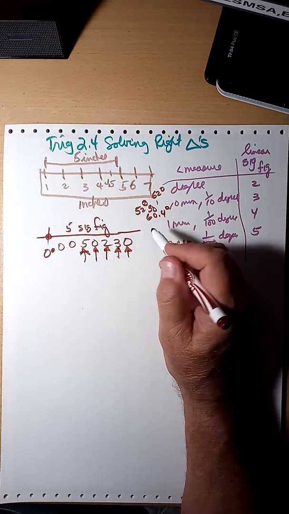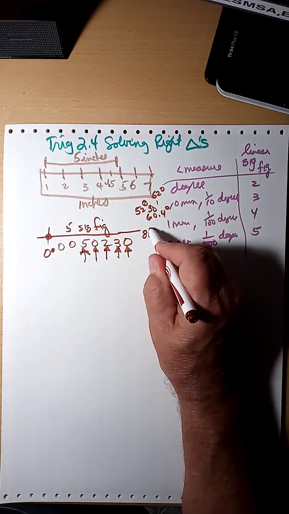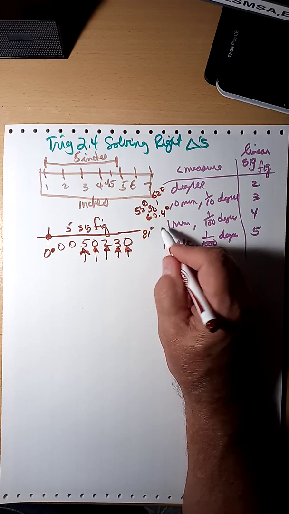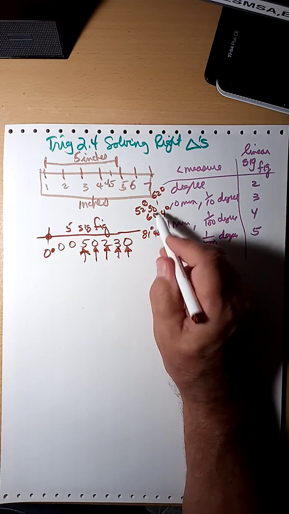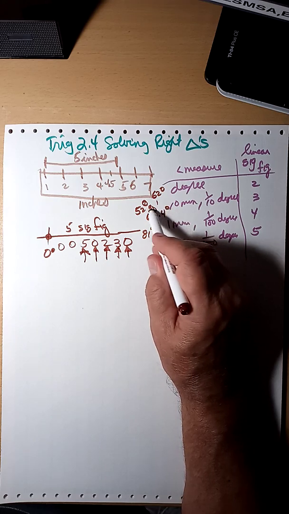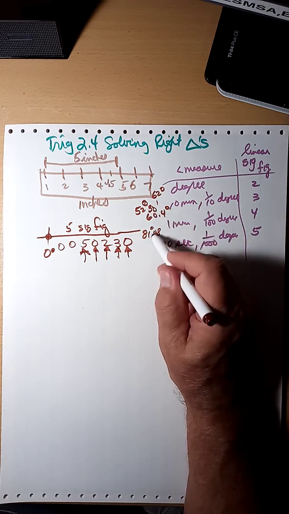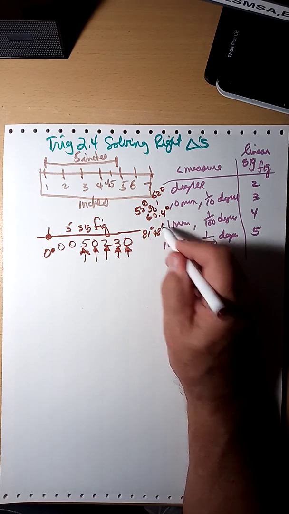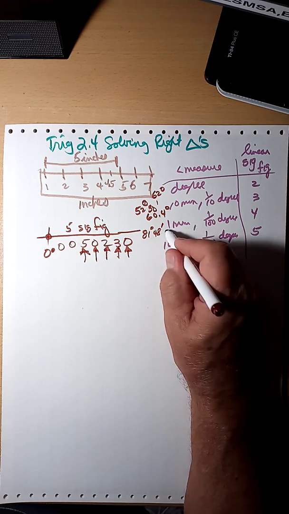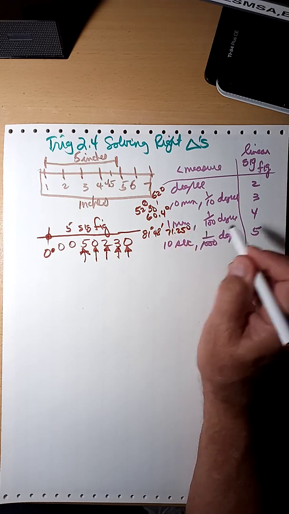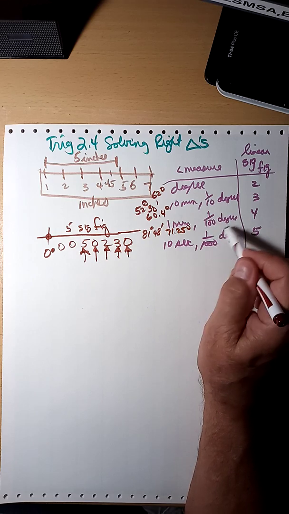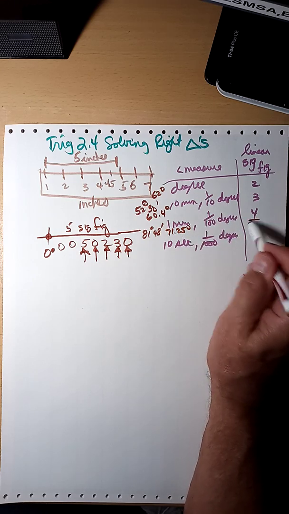The nearest minute, you'd say 81 degrees, 48 minutes. So the 10 minutes would be 20s and 30s and 40s. This will be the nearest single minute, or 71.25, which the book talked about. That's 1/100th. Use 4 sig figs.